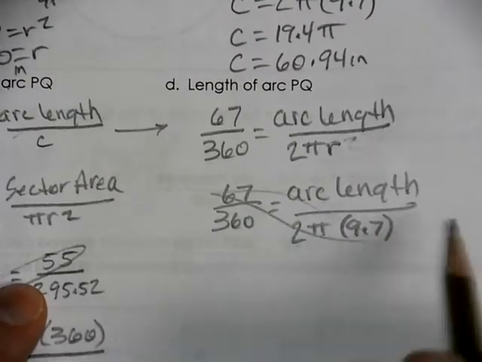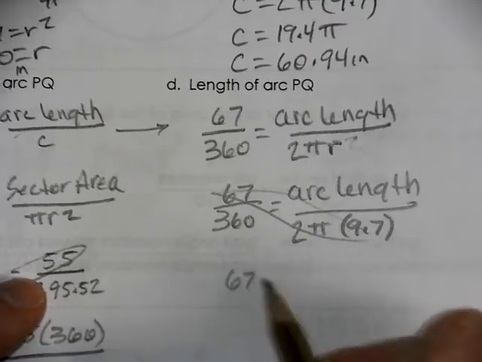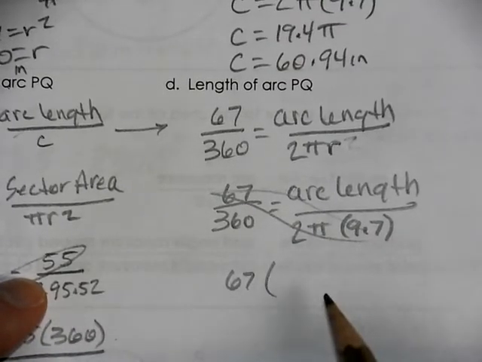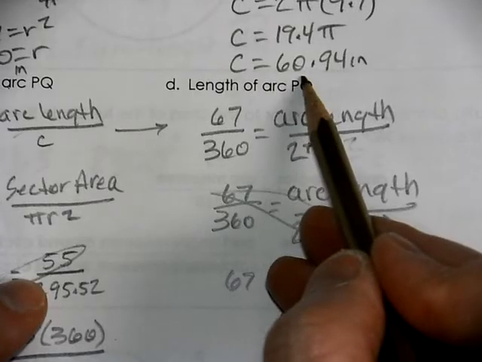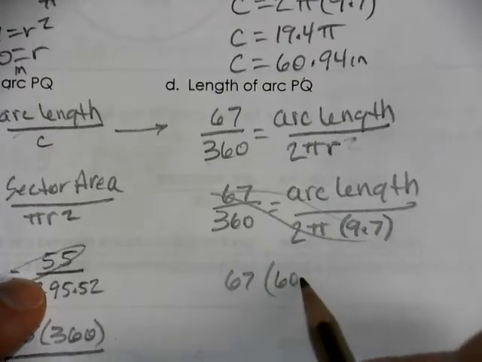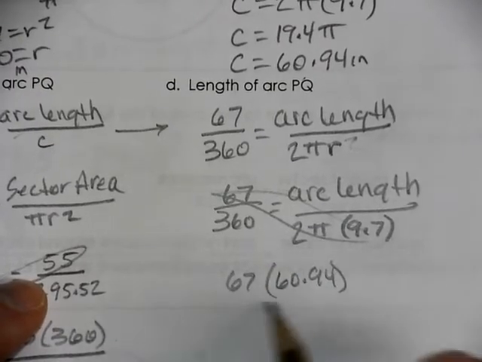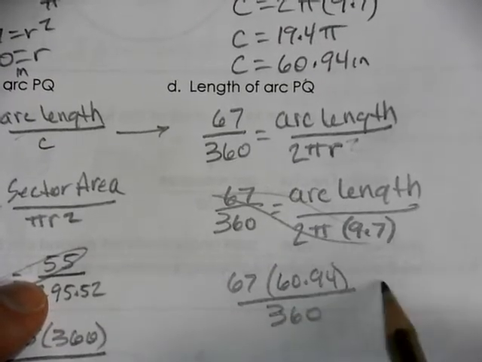Okay, so we'll cross multiply to get 67 times our circumference. Well, our circumference we actually already knew was right here at 60.94 over 360.